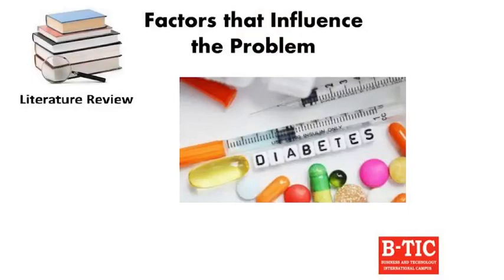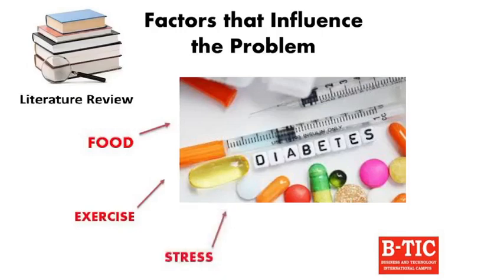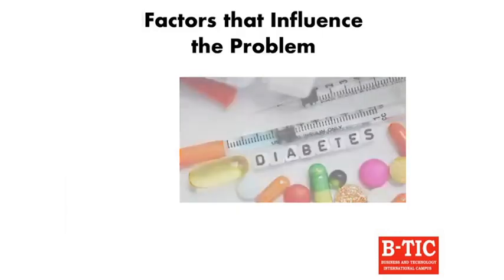There are theories. Food influences blood sugar. We have already established this theory. Exercise influences blood sugar. Stress influences blood sugar. There are multiple factors that may influence blood sugar. So you have to review the literature and find out what the factors are that may influence blood sugar. This is what we call the literature review.